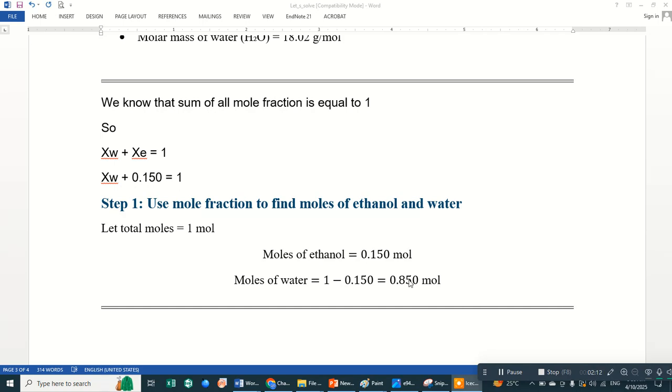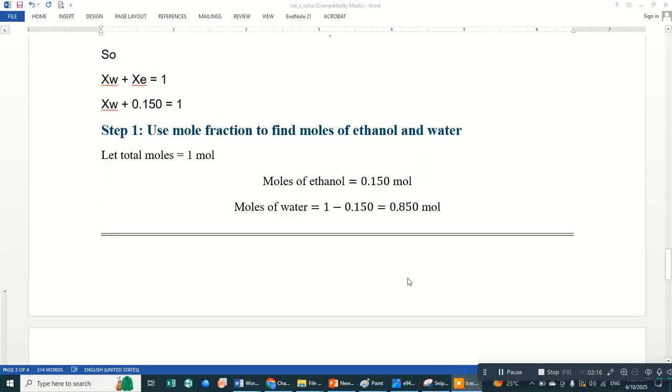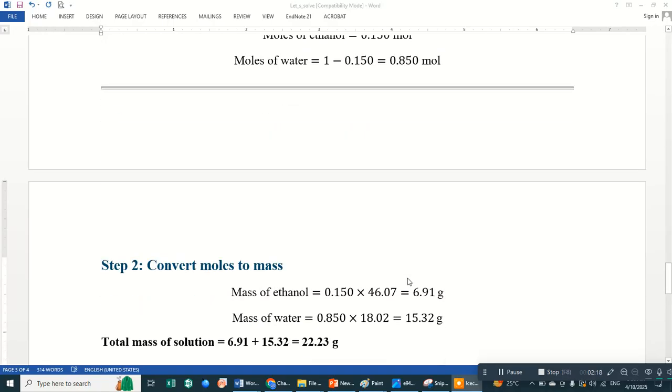In the second step, we use these numbers of moles or mole fractions to calculate their masses. How can we calculate the mass from the mole fractions? We multiply the mole fraction with the molar mass.